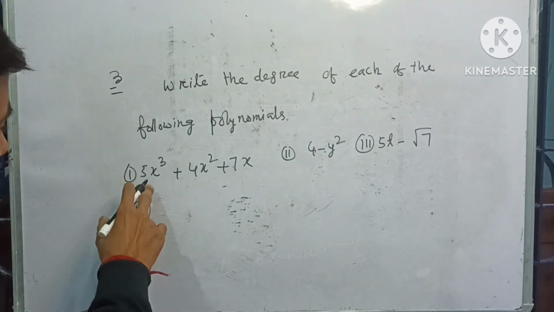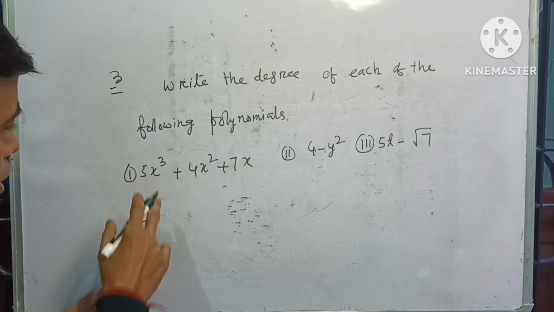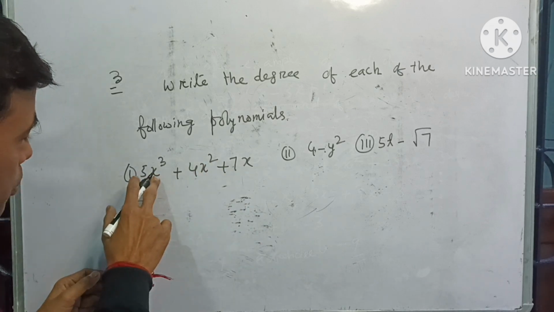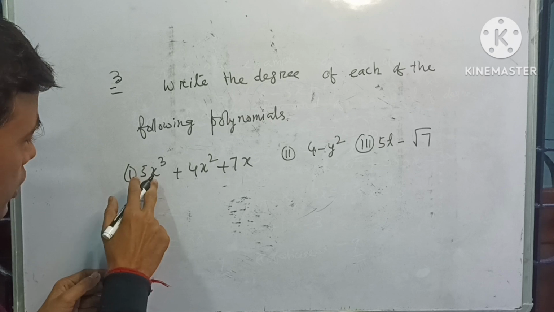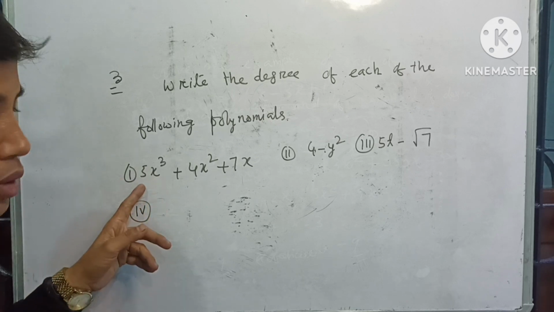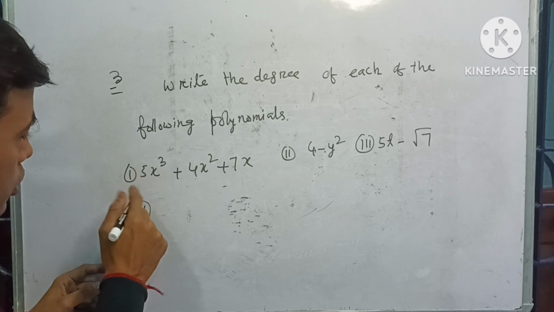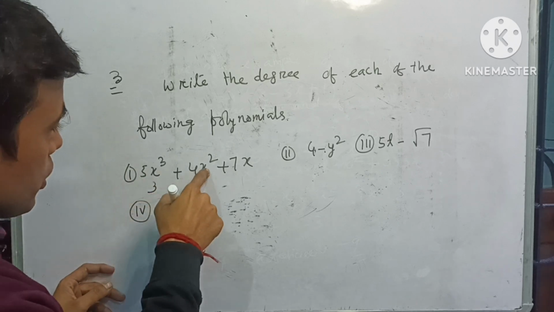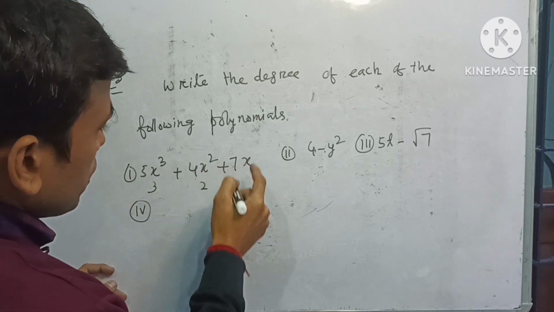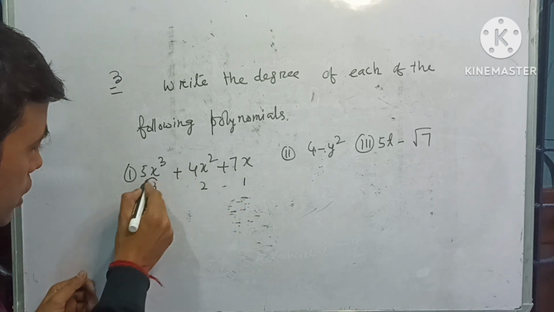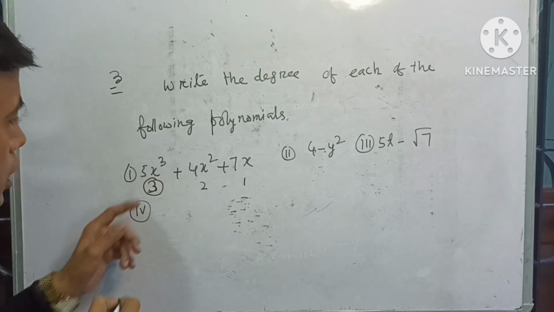So in the first example, you see 5x cube, 4x square, 7x. Here 5 is a constant and x is the variable. So the exponent of x is 3, here 2, and here 1. Which is the greatest exponent? 3 is the greatest exponent. So the degree of this polynomial is 3.